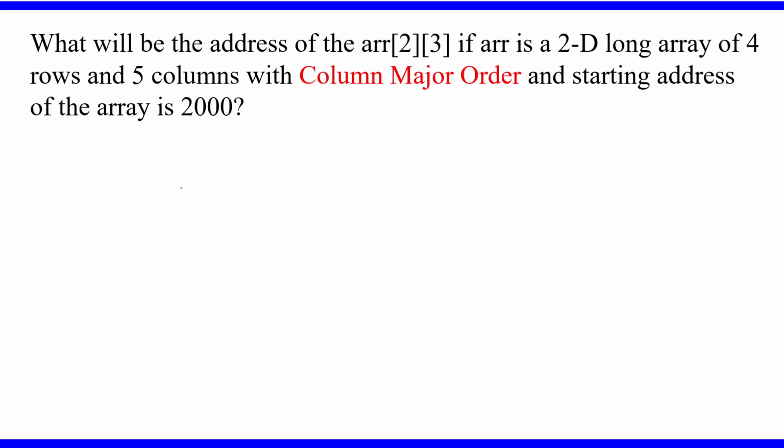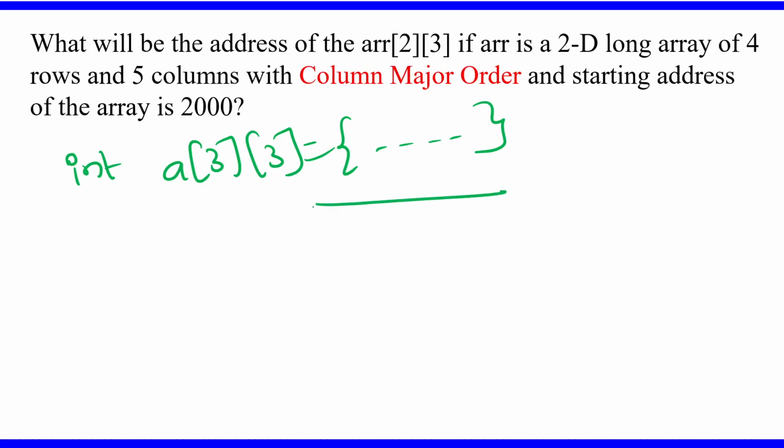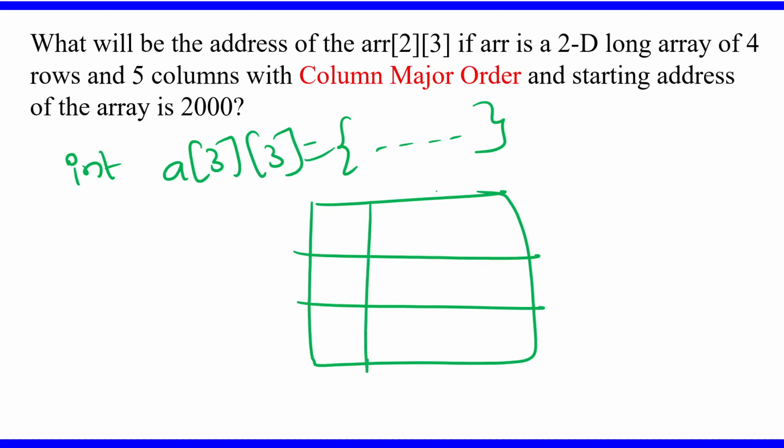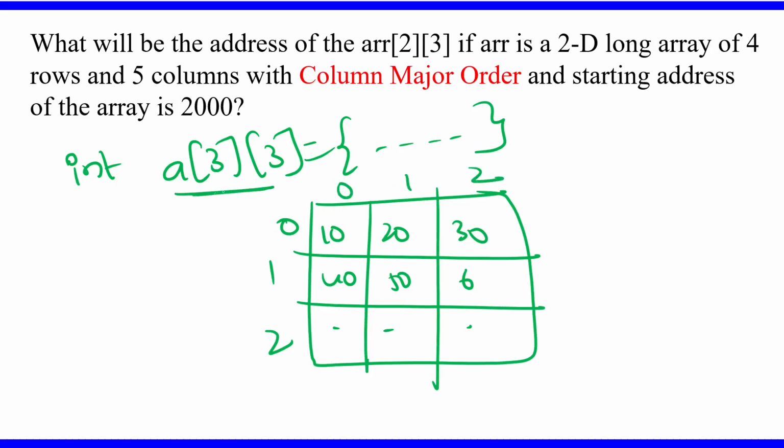Now let us take the second case, int a of 3 3, and let us say I have some values here. So this is a 3 by 3 matrix. There are some values: 10, 20, 30, 40, 50, and so on. Indexing is 0, 1, 2, 0, 1, 2. This is a of 3 3.